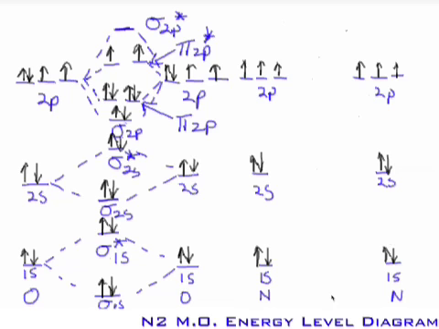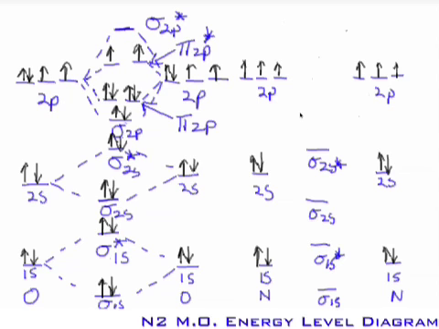Well, as I said, we get the sigma 1s here. And then we get the sigma 1s star. That's the same as what we got. Then we get the sigma 2s and the sigma 2s star. But then something happens. It's as if the pi 2p's all shifted downwards.